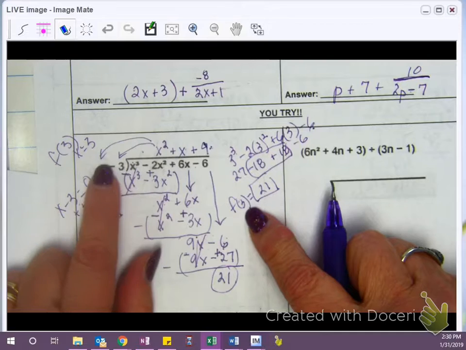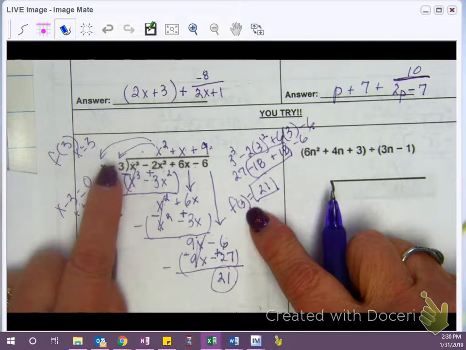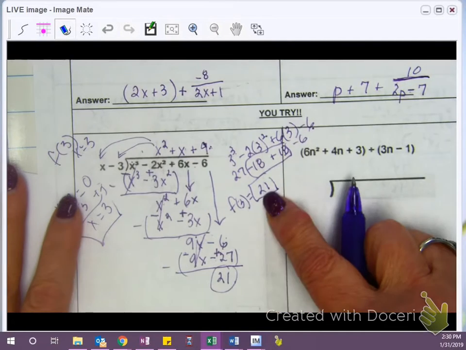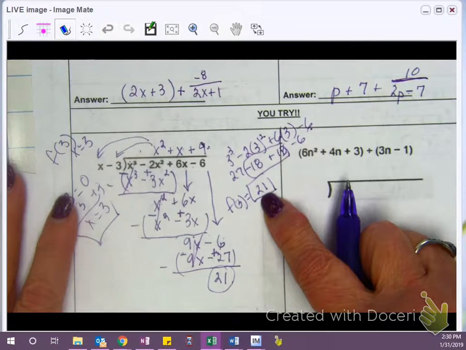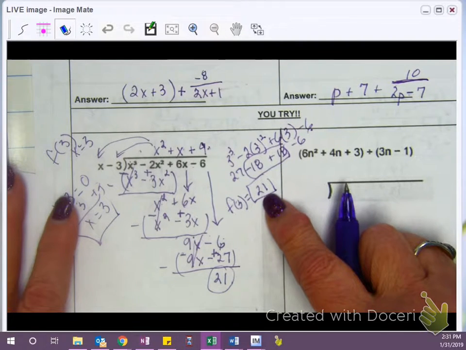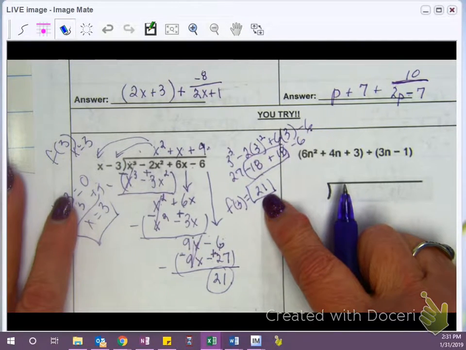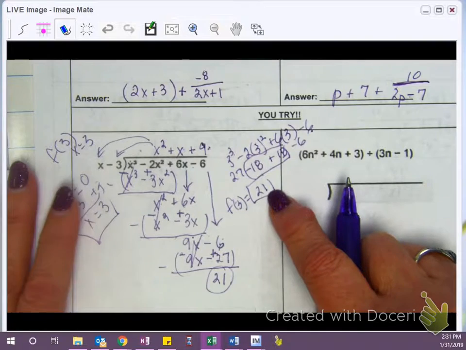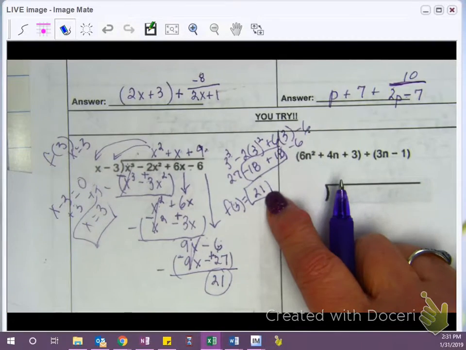If you're dividing by a linear factor and you evaluate at that root, the remainder will always equal the function at that value. That's what that statement number 3 says. That the remainder is always equal to the function evaluated at that point.